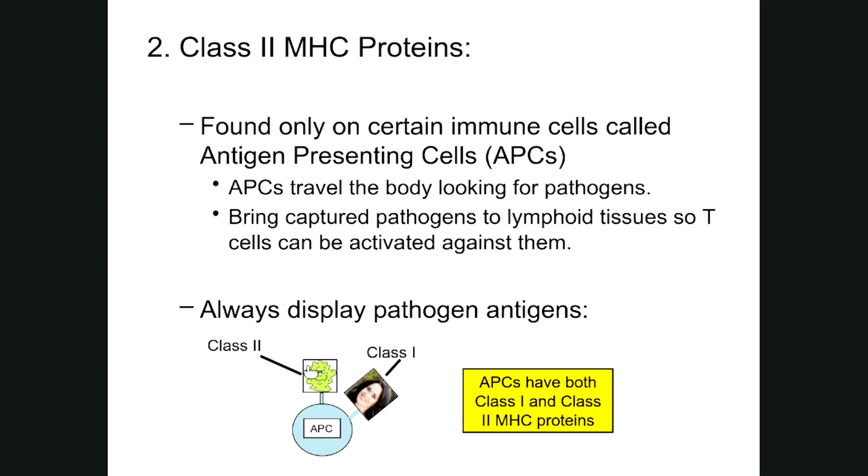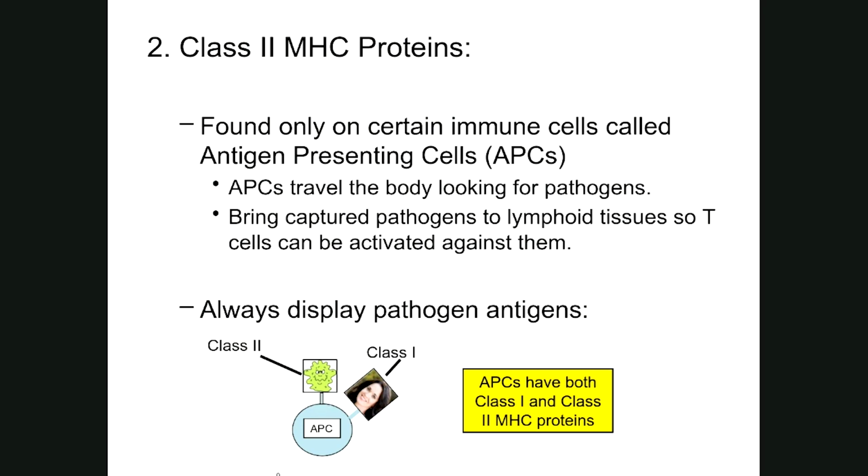If you have some type of microorganism invader in the body, there's not just one, there's hundreds, thousands, potentially even millions. And so we want to let the immune system know this is what it looks like. You need to be on the lookout for it. If you see it, destroy it. And alerting helper T cells to the presence of this substance is the first step in coordinating and activating the entire immune system against harmful microorganisms.